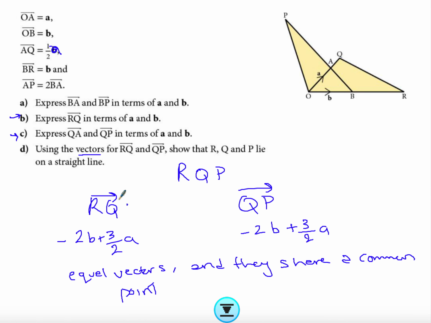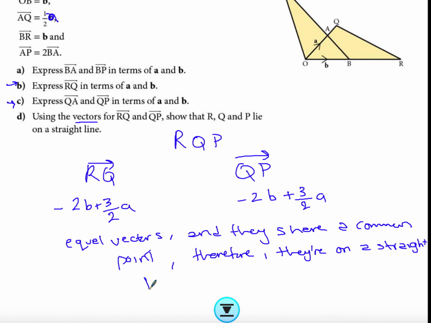So this is an important factor, which is Q. Therefore, they're on a straight line, or you can say RQP forms a straight line. So this is an interesting fact to know about when you're dealing with vector geometry.